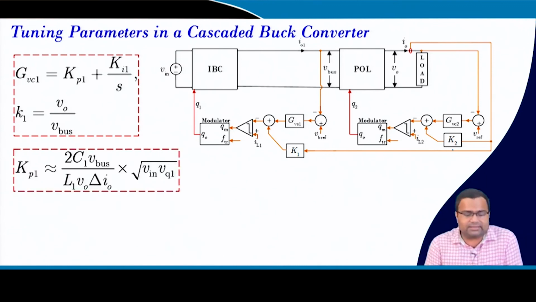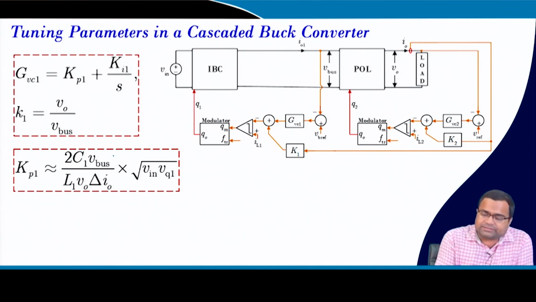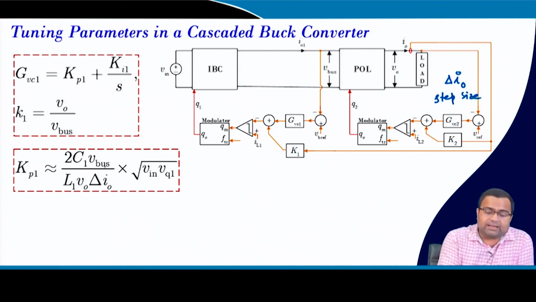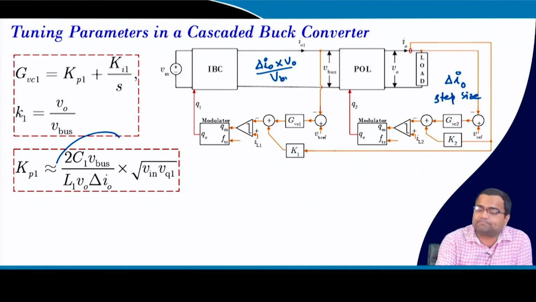So, for the first stage, the tuning parameter is coming from the load step size. If it undergoes a delta load step size, then we can easily apply it. But remember, we are talking about the first stage. So, if there is a delta I0 load step, here it will be reflected as delta I0 into V0 by V bus.